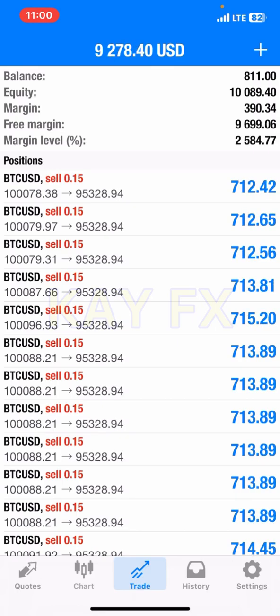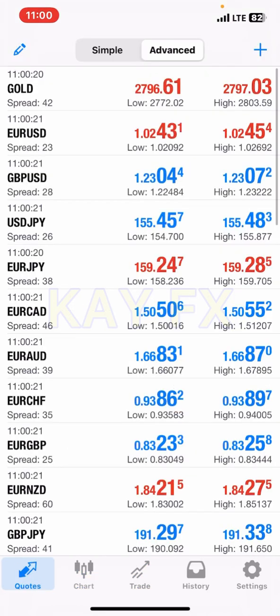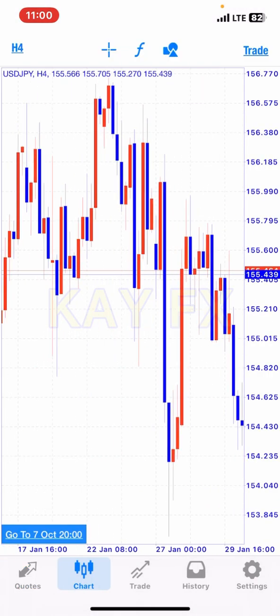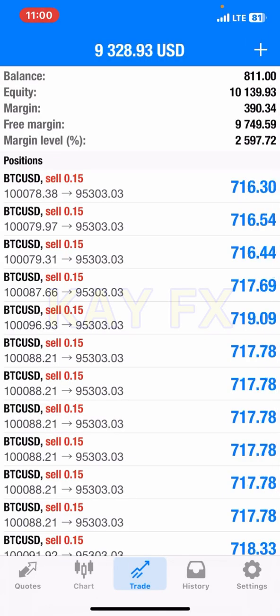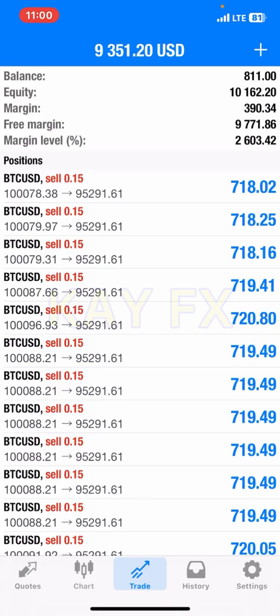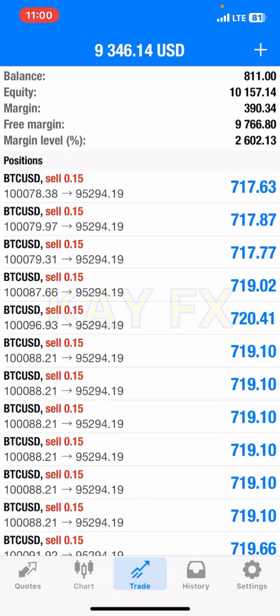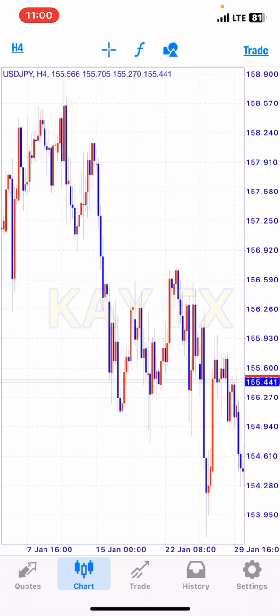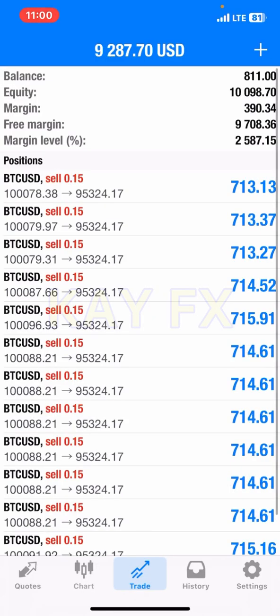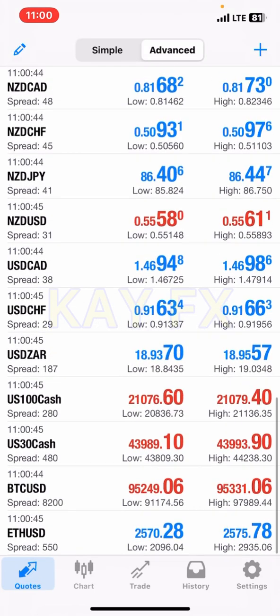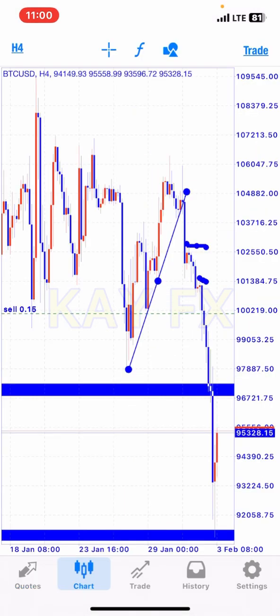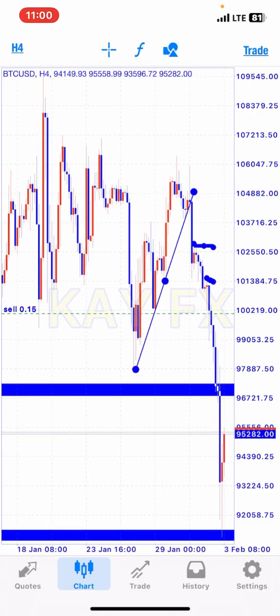This is enough, from 800 to 10k. On the other side, I was analyzing USDJPY, and I traded it. So I'm sure that it is going to give me something. Even if I just close this, it would be okay, but I will wait a little bit of time to see if it will come back down, and I'm sure it will come.